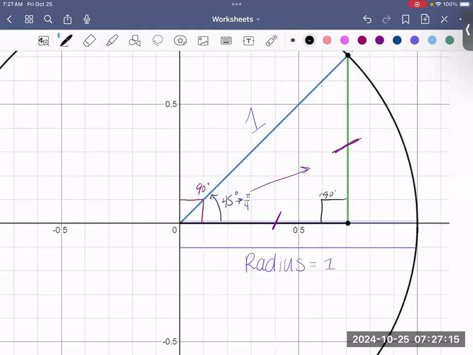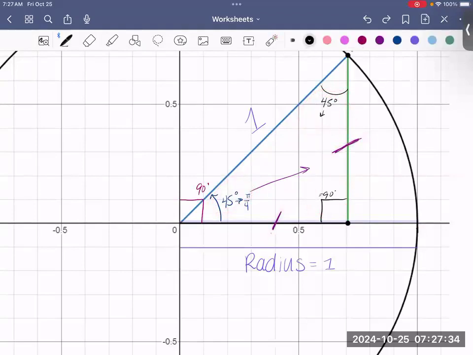And that just means that this angle over here is also a 45-degree angle, or again, pi over 4 in radian measure. So 45, 45, and 90 all add up to 180 degrees. So that just means that these two legs are the same.